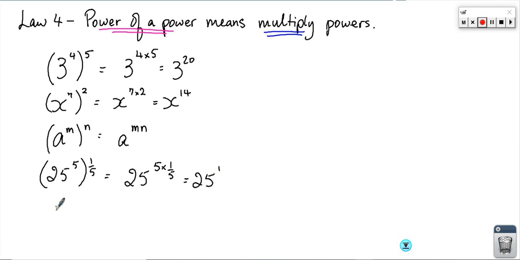Another example, 3 to the power of minus 2 to the power of 6. That's 3 to the power of minus 2 times 6, which gives 3 to the power of minus 12. So this is our fourth law. Let me remind you, power of a power means multiply powers.